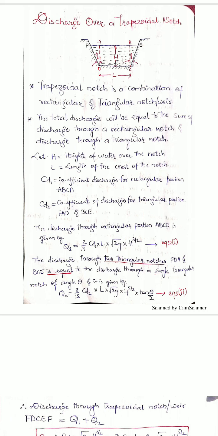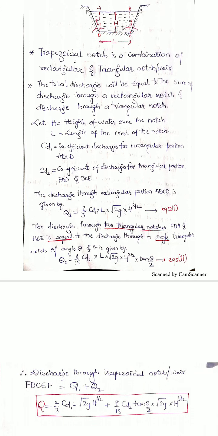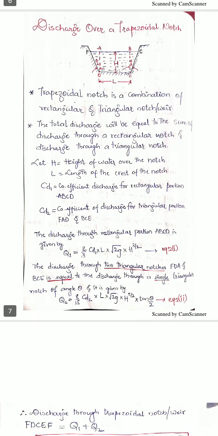Let H equal the height of water over the notch and small l the length. CD1 is the coefficient of discharge for the rectangular portion, that is ABCD, and CD2 is the coefficient of discharge for the triangular portion, that is FAD and BCE.